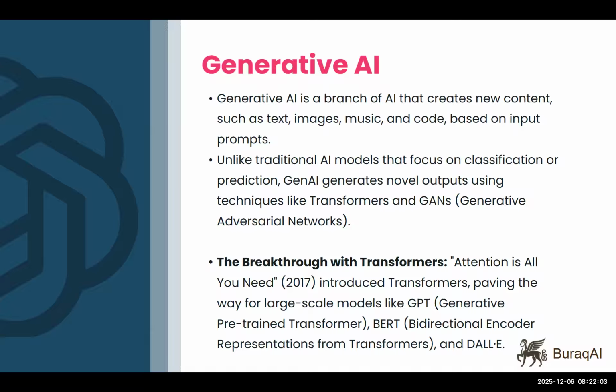So this all started with ChatGPT in 2022, or the evolution of the models. It all started with a research paper called Attention Is All You Need in 2017, which introduced transformers that paved the way for large-scale models like GPT, Generative Pre-trained Transformer, or Bidirectional Encoder.